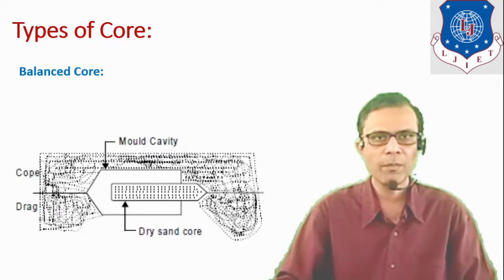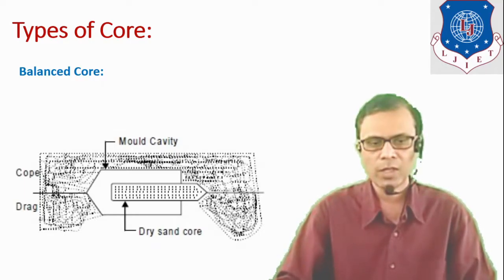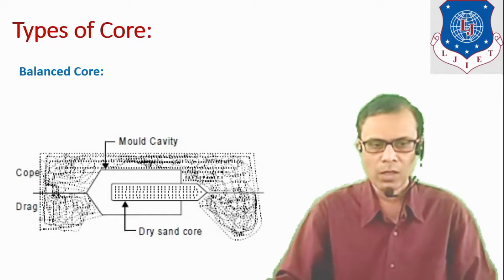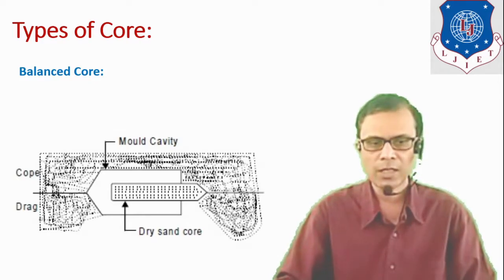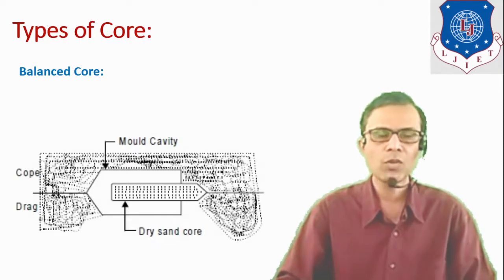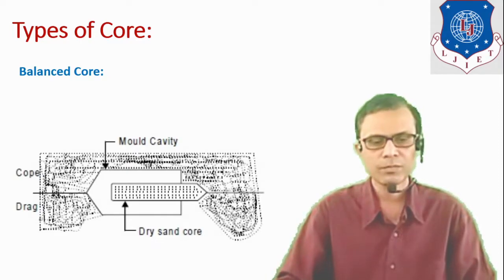Blind hole means that it is not from one end up to the other end, but only up to a certain length or depth of the casting. So here the length is from this end up to this dimension. It is the length in which we want to produce a hole.